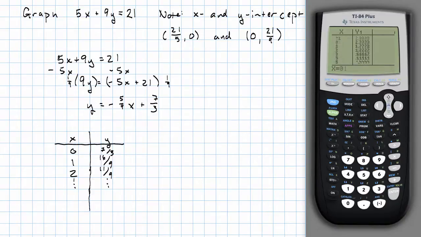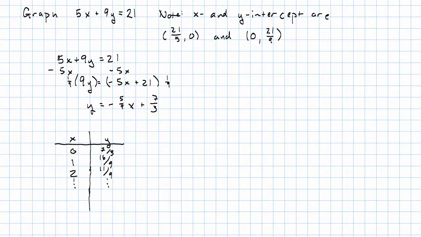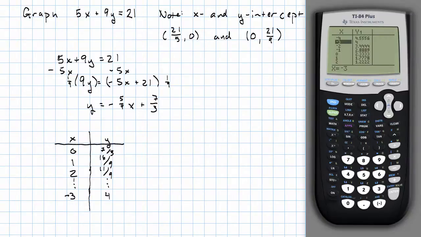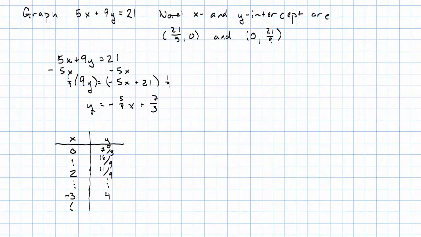Do I see anything with smaller x's? There's another one. Right, I could use (-3, 4), or I could use (6, -1). I can use whichever point I prefer, or I could just use both of those points. I think I'm just going to use both of those points.